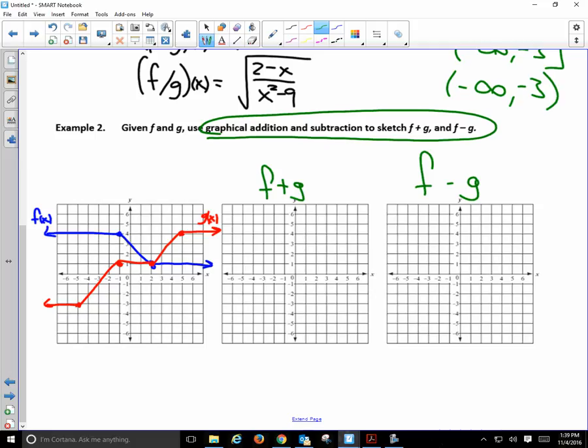What's the output of g? 4 plus -3 is 1. I'm going to do it all the way across. For every single x value I choose, I'm then going to find the y value. So now we're going to move to -5. I still have 4 and -3.